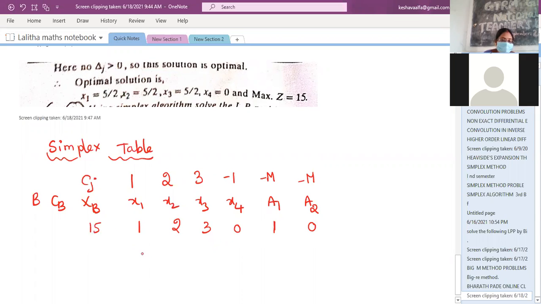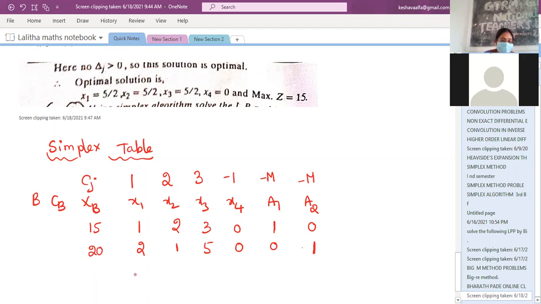Next, the second constraint: 2x1, 1x2, 5x3. There is no x4 in the second constraint. There is no a1, and a2 has coefficient 1. The RHS value is 20.